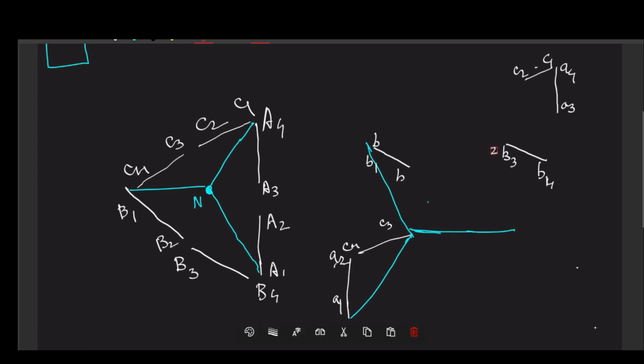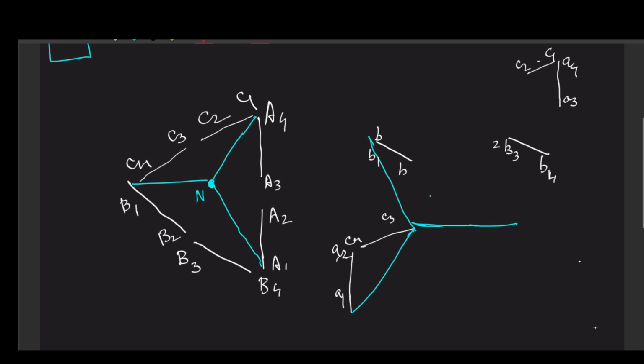Now, so this is our B1, B2 phase. Now how to connect them? Take this A4, A3 here.